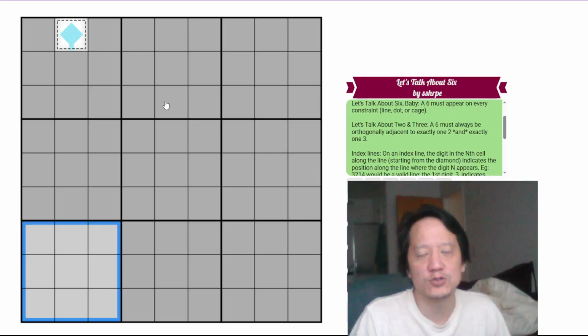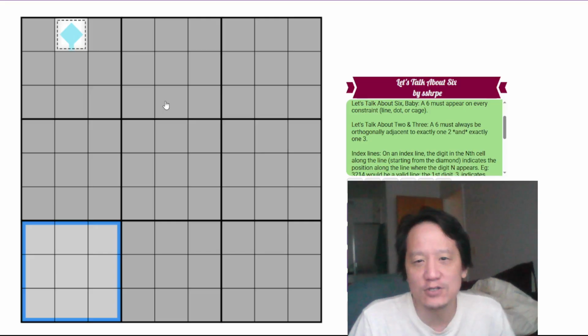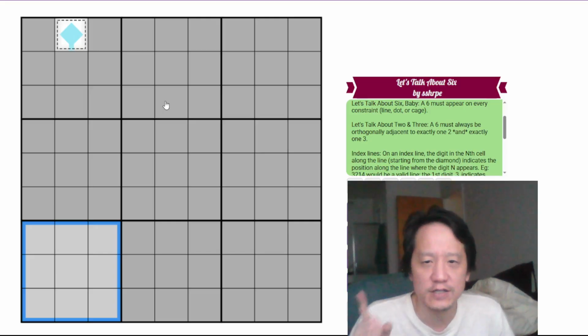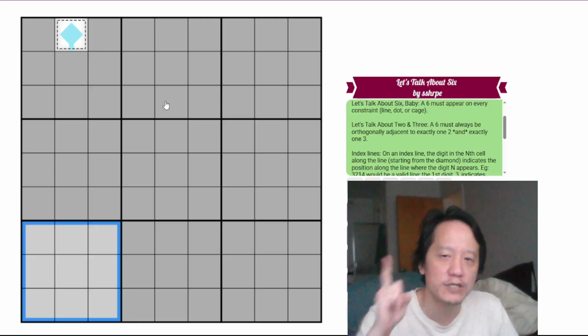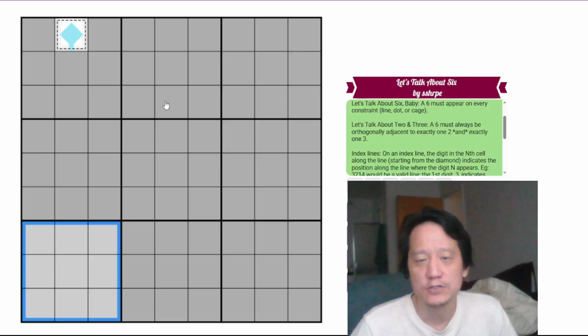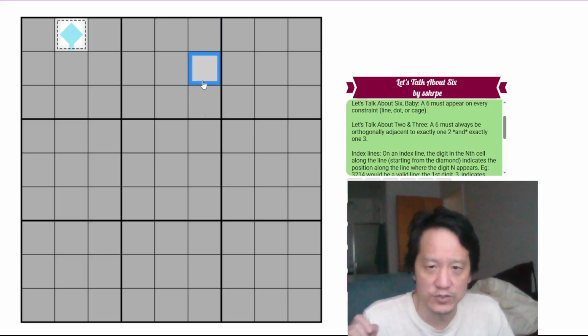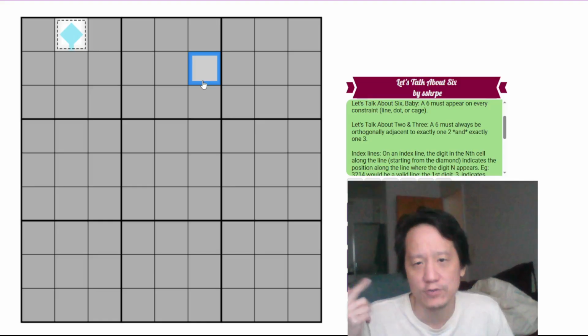And let's talk about 2 and 3. A 6 must always be orthogonally adjacent to exactly 1, 2, and exactly 1, 3. So first of all, 6 has to be on every constraint, whether it's a line, a dot, or a cage.